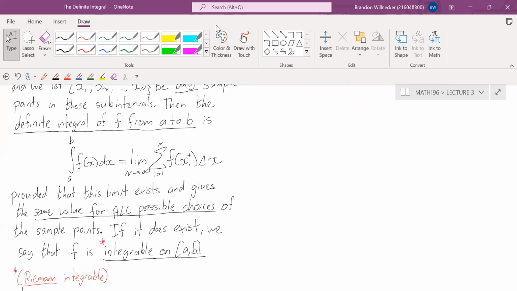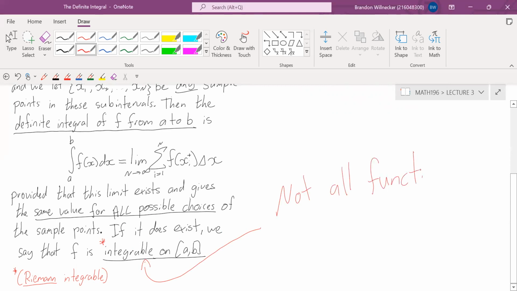Okay, so let's look at a little theorem on this idea of integrability, because as we will see, not all functions are integrable or Riemann integrable. So let's just make a little note here. Not all functions are Riemann integrable.